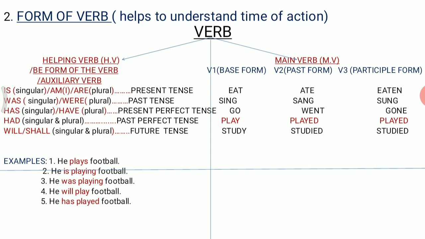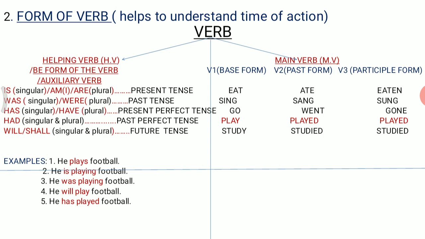And if your subject is plural, you can use are, in present tense. Now present tense, you know very well that anything which happens in present moment is present tense. Now similarly, we have was and were. So if something happened in the past, we are going to use was with singular subject and were with plural subject.